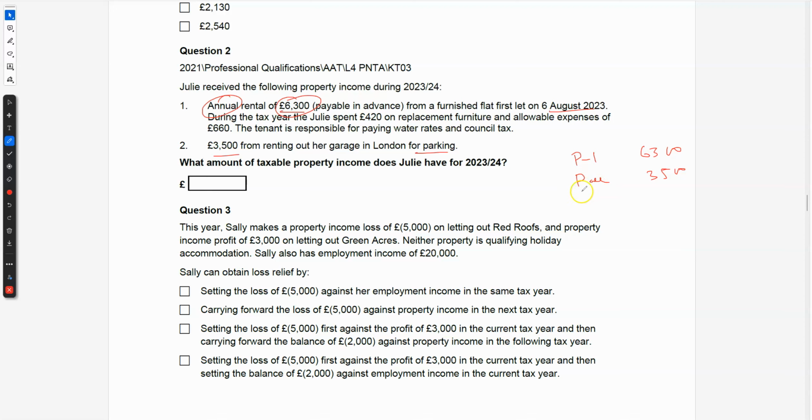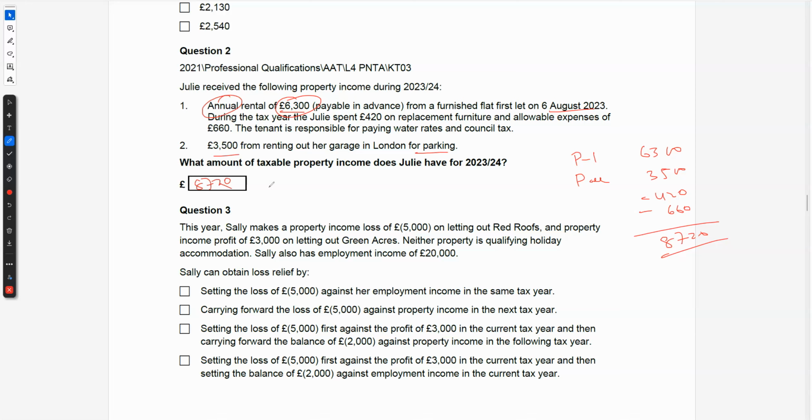Then we need to minus allowable expenses, so minus 420 and minus 660. So that will give me 8720. All right.